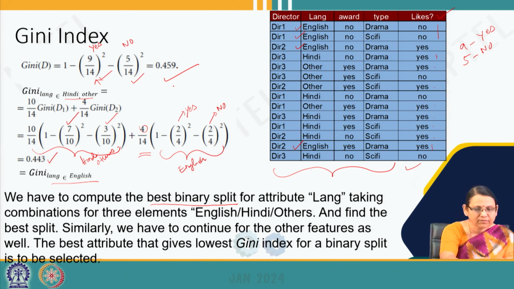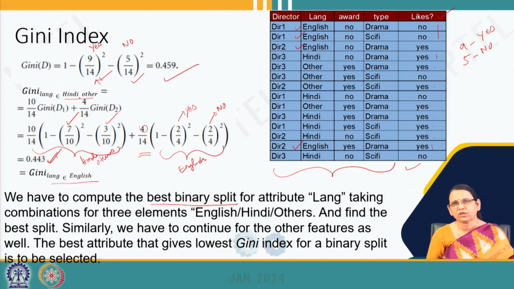Wherever this Gini value is lowest, we choose it as the first feature to be considered along with this response variable. Then the next best, the value which is just above the lowest, we choose. That is how we select. Let us say we have to select only 3 features, then the lowest 3 will be selected.